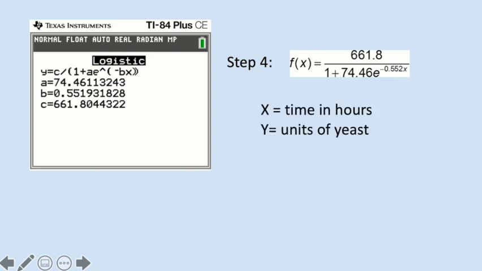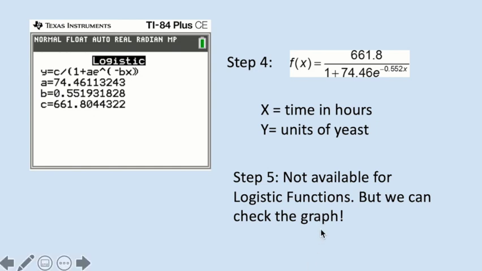Now, remember our x is our independent variable, which we said was time in hours, and y was our dependent variable, which we said was the units of yeast. And for step 5, we usually look at our value of r squared, but for logistic functions, the calculator doesn't do r squared. So we're going to skip that part whenever we do logistic functions.